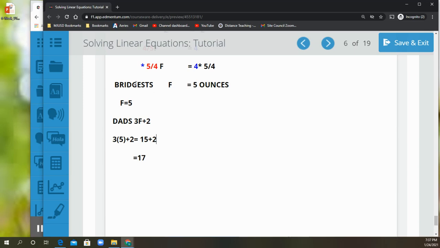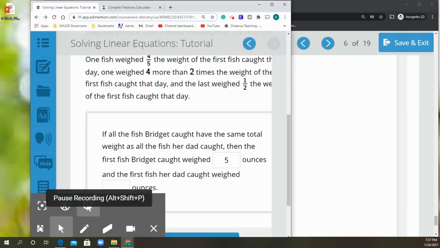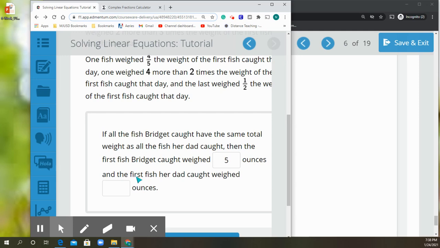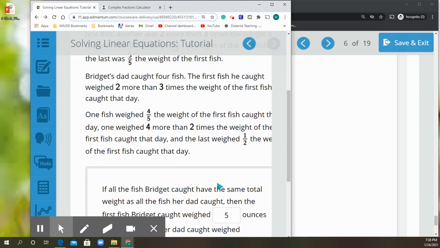So where Bridget's fish equals 5 ounces, we substitute into. So now it wants us to figure out the ounces of the first fish her dad caught. Now, I don't know if you remember, but Bridget's dad caught 4 fish.